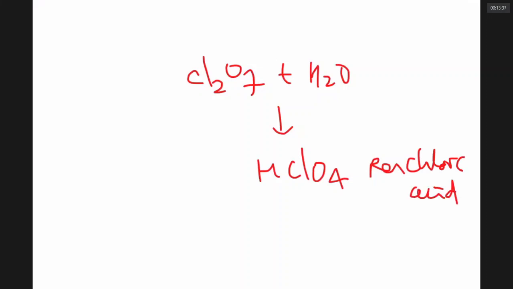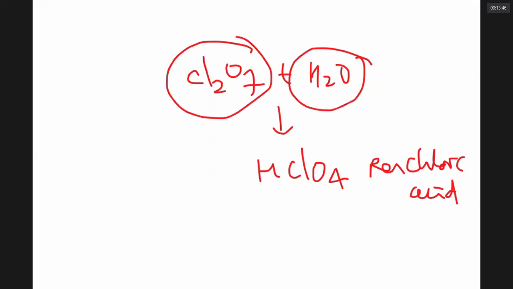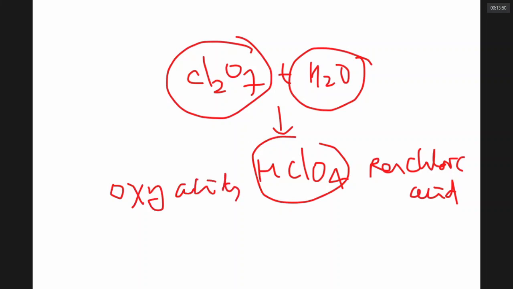Chlorine can make many oxyacids, about which we will study quickly. So the oxides of halogens, when dissolved in water, can give oxyacids. But fluorine never prefers to give any oxyacid. Why can fluorine not give oxyacid? Fluorine cannot take positive oxidation state.